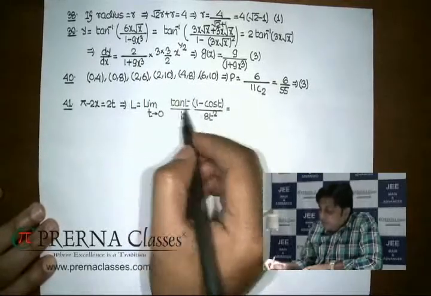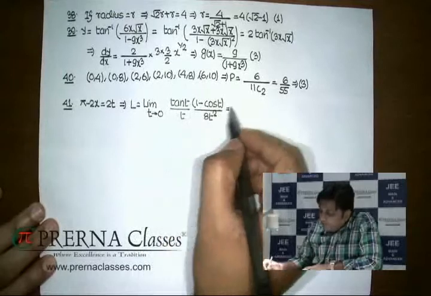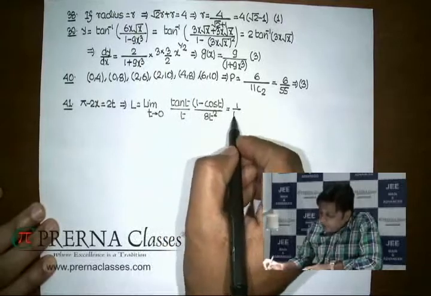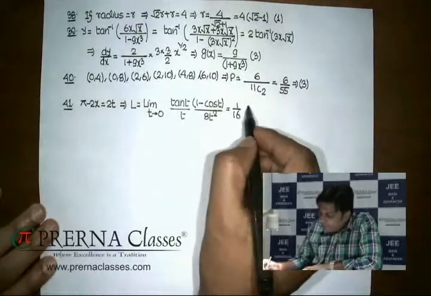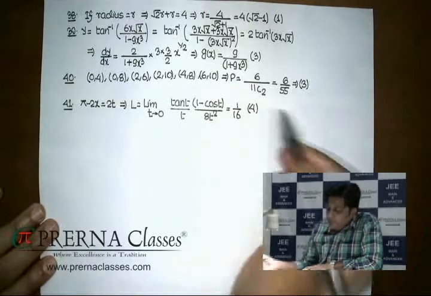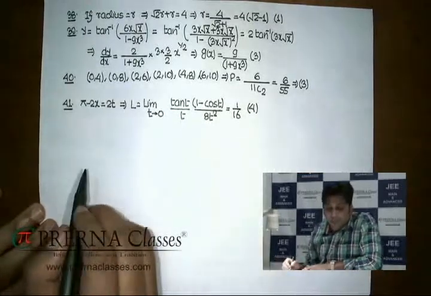Utilizing that this limit is 1, this part is going to give you a value which is 1 by 16. The answer is going to be 1 by 16, which is the fourth option in this set.